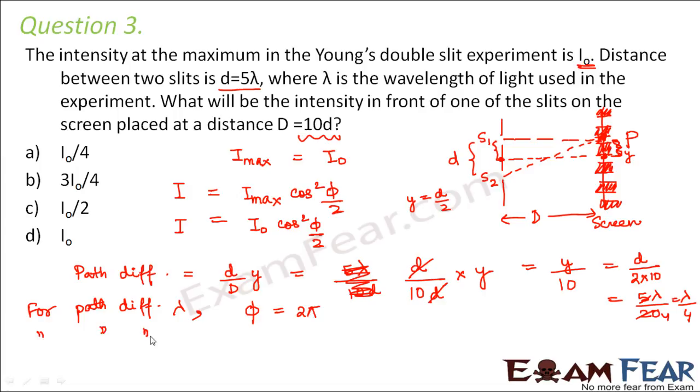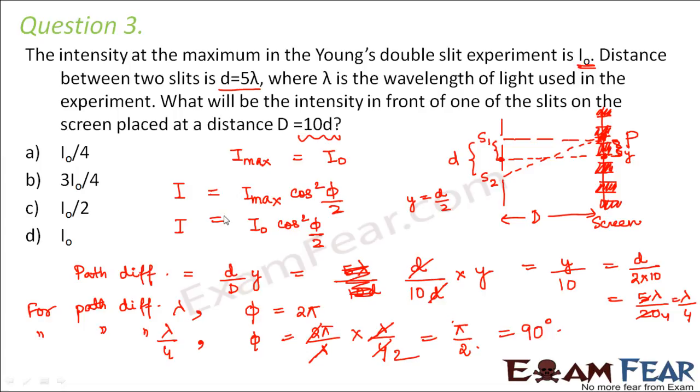Therefore, for a path difference of lambda by 4, the phase difference would be equal to 2 pi by lambda into lambda by 4. This is simple mathematics. So this is equal to pi by 2. That means the phase difference corresponding to the point P would be pi by 2, which is 90 degrees.